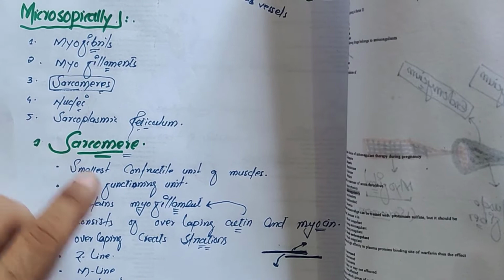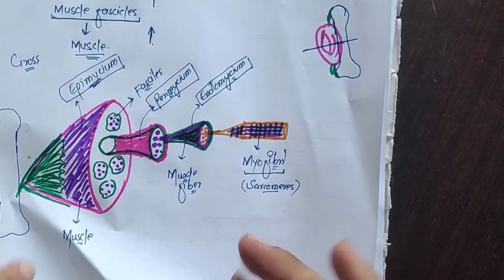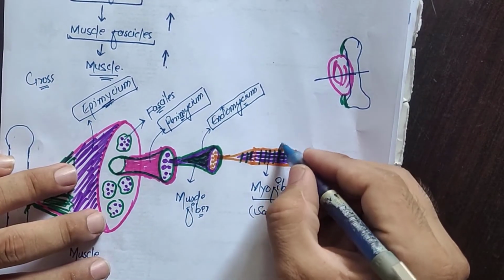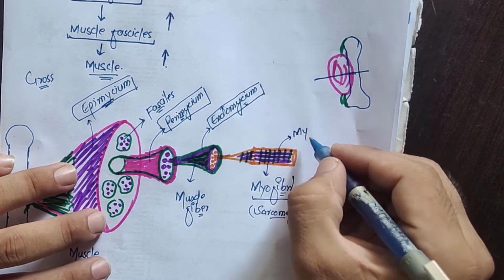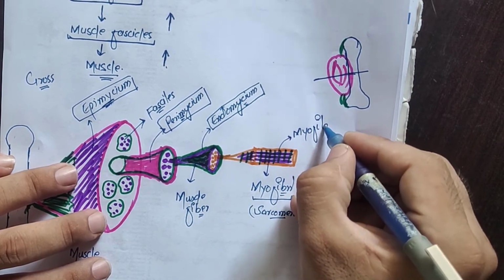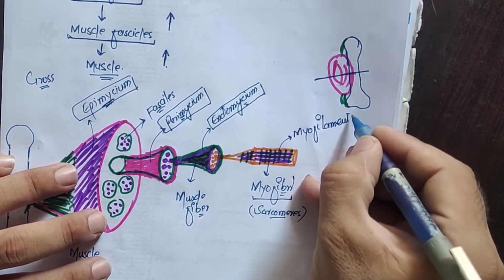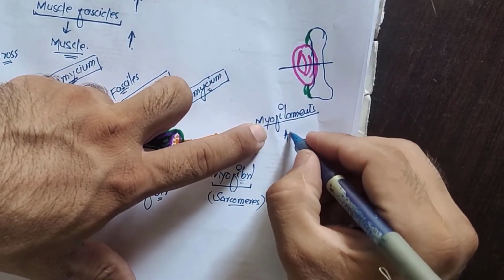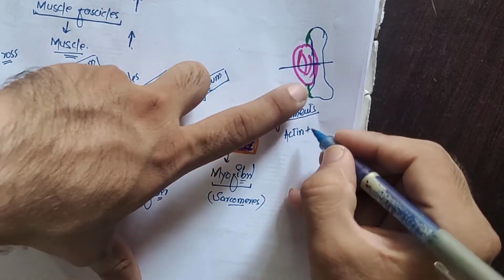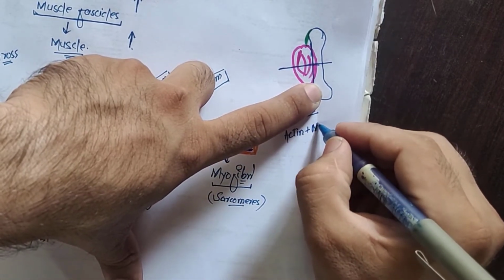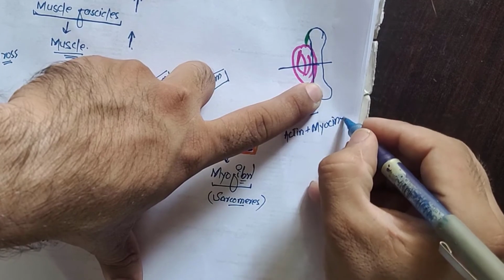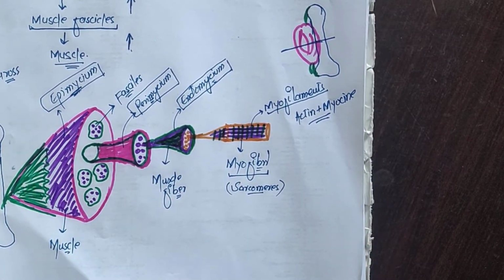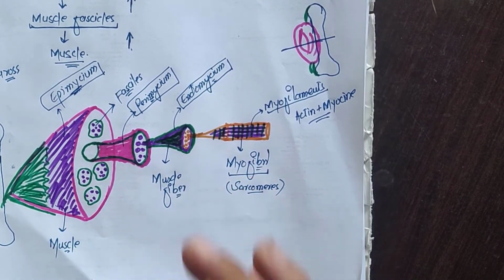So look, they contain myofilaments. So in the myofibril, what are there? Myofilaments are there. And who are these myofilaments? These are the thick and thin filaments, actin and myosin, which I will discuss in the next lecture. So this is the exact structure of one skeletal muscle, right?